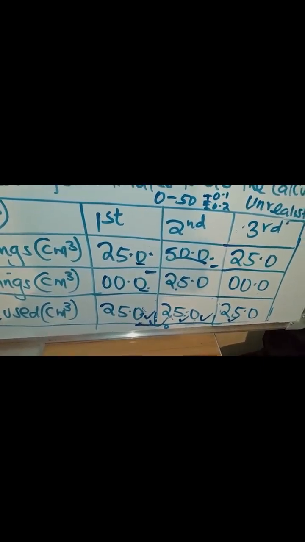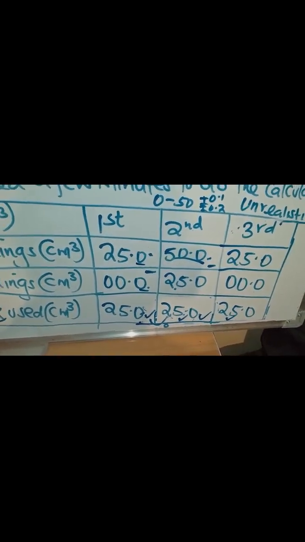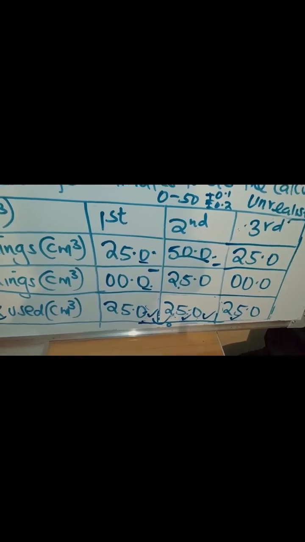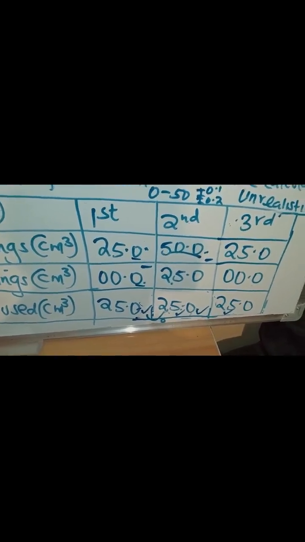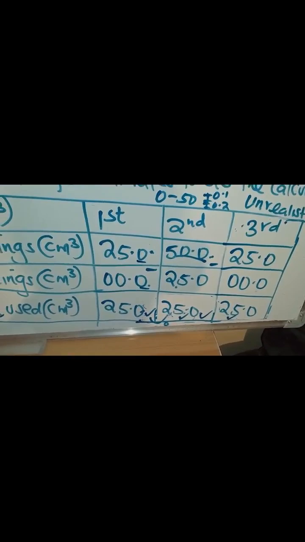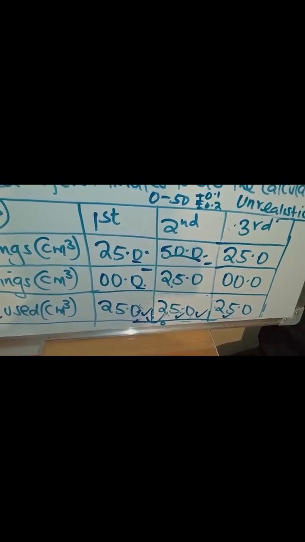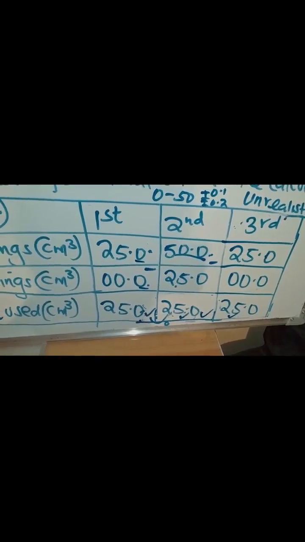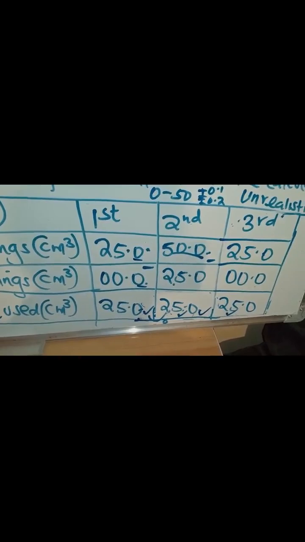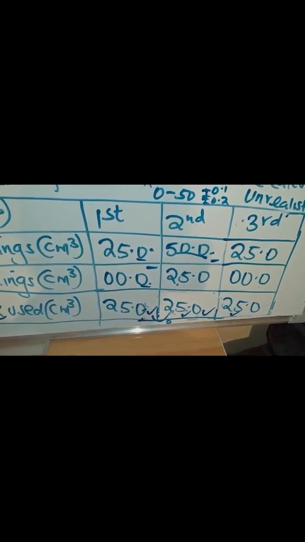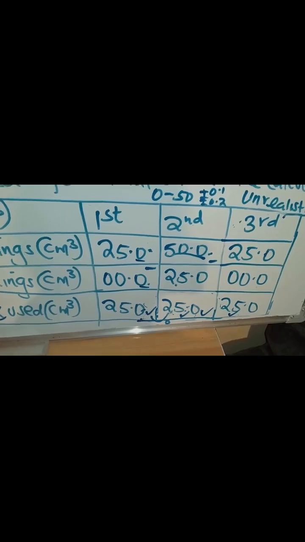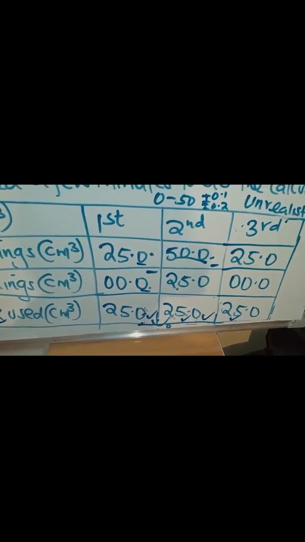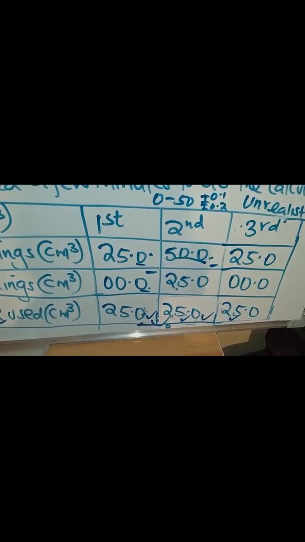So remember, where you get marks from are these areas. One, completion of the table. The table is already complete. There is nowhere you have used unrealistic values. The decimal place is okay. Then when you are doing the averaging, you used the values that are correct, that have a difference of plus or minus 0.1 or plus or minus 0.2.